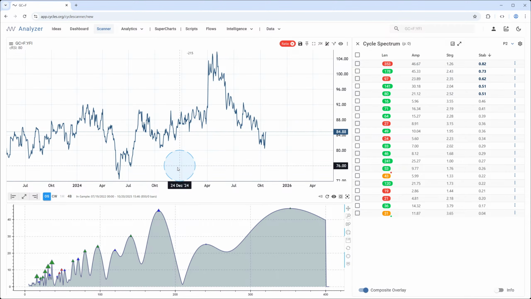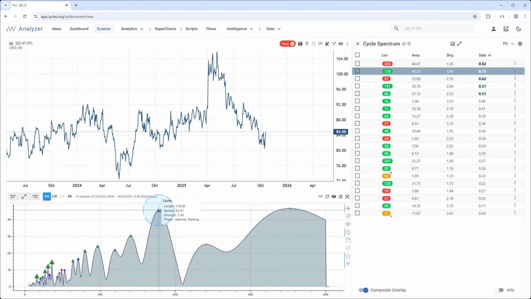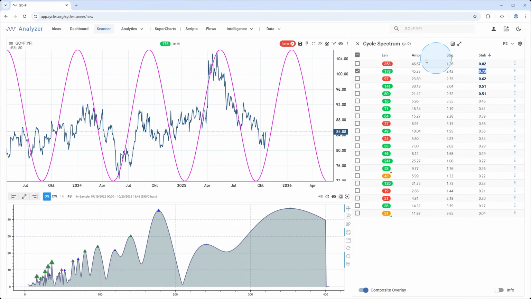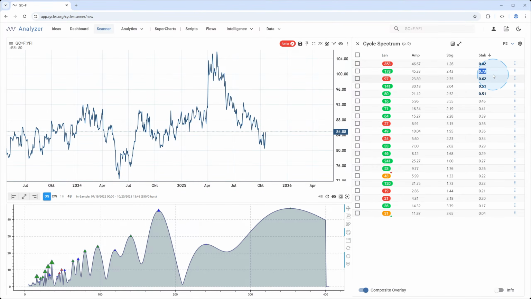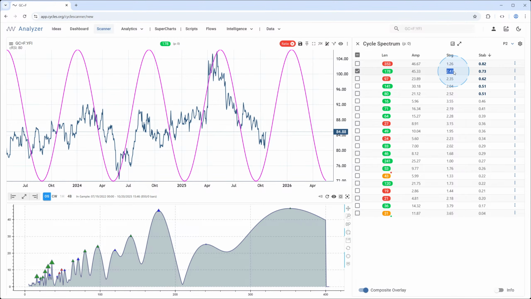The cycle with a length of 178 days in that case is the most important because it has the second highest stability. So it has a very low variation over time in regards to length and phase. So it's a very stable cycle over time. And second, it even has the highest strength score, as you can see here, 2.43.